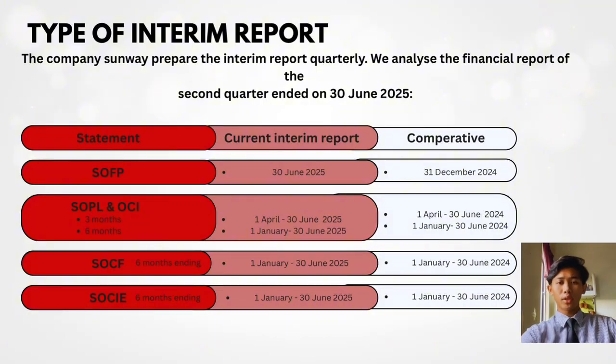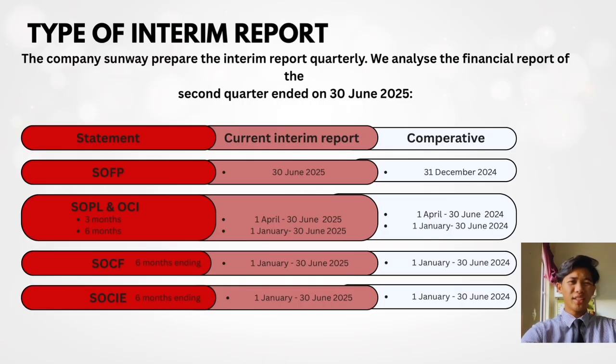The current quarter, 3 months, 1 April to 30 June 2025. The year to date, 6 months, 1 January to 30 June 2025. This is compared to the exact same 3-month and 6-month period for the previous year, 2024.